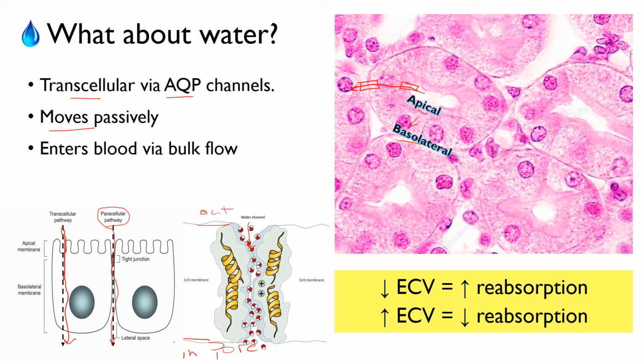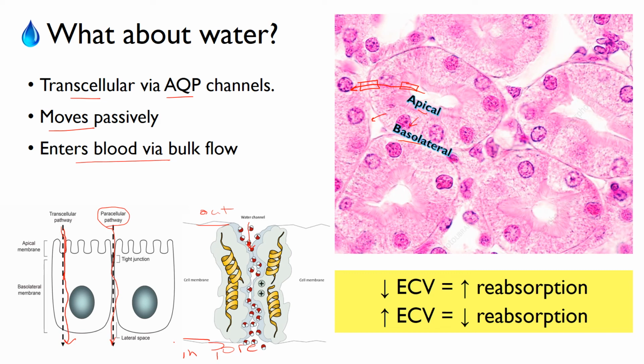It does move passively, meaning this is not an active process. And then when water gets across the basolateral membrane to get into the vasculature, it enters using a concept called bulk flow. Bulk flow is essentially the phenomenon where water is following the solutes. It has to do with Starling forces and the pressure and pull of water following the movement of the solutes that are entering the blood system.